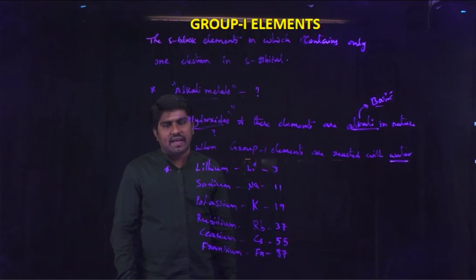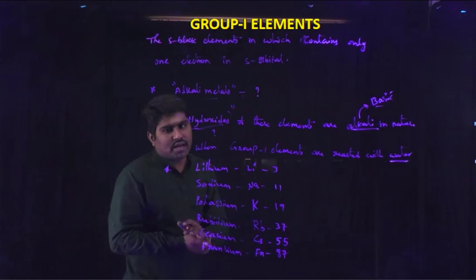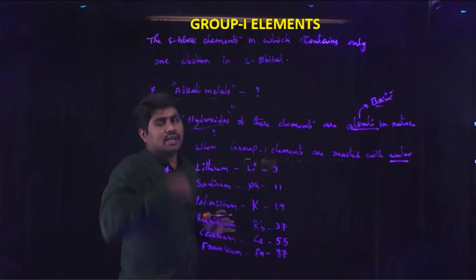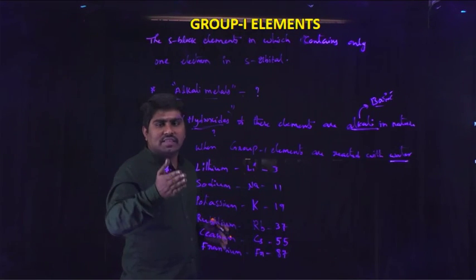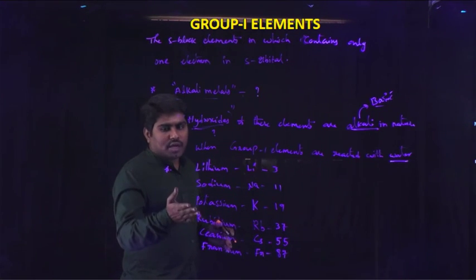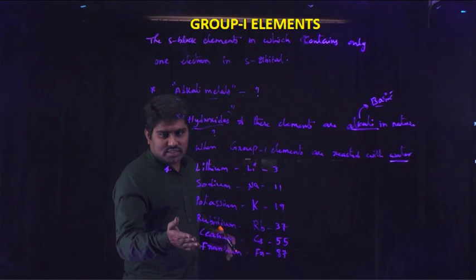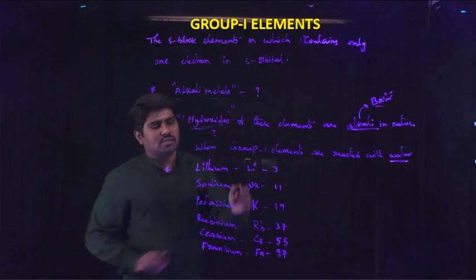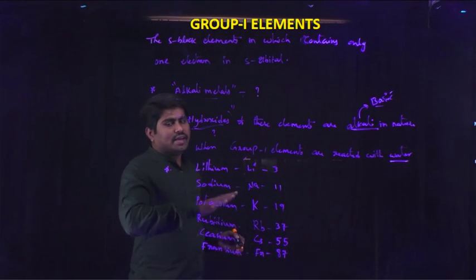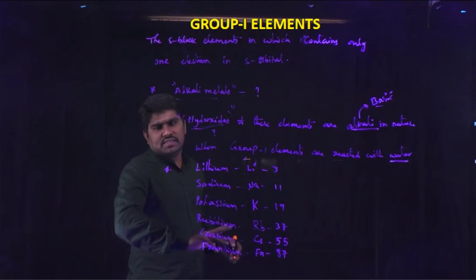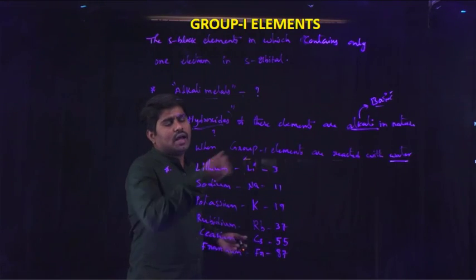Again, I am repeating the elements present in group 1: lithium, sodium, potassium, rubidium, cesium, francium. The symbols are Li, Na, K, Rb, Cs, Fr, along with their atomic numbers.